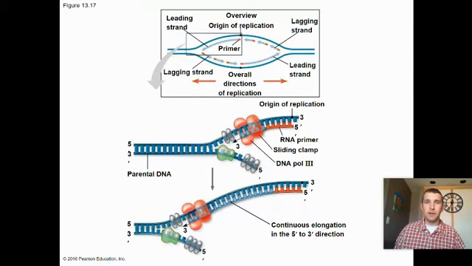So here's showing a replication bubble. We've got several enzymes at work here. We have an enzyme that is responsible for opening up the double helix, so breaking those hydrogen bonds apart. And as we go down here, we're going to have a DNA strand getting built in the 5' to 3' direction.